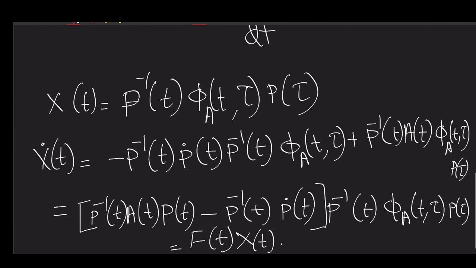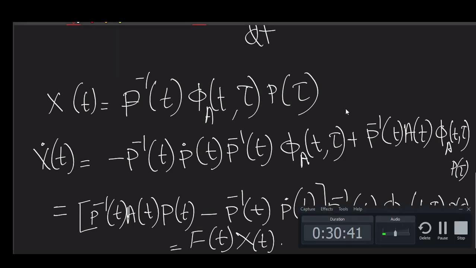Now see that what we can say here is that from this relationship, it is valid for any t. So our proof is complete. Now we will discuss one example and then we will go for our next video.